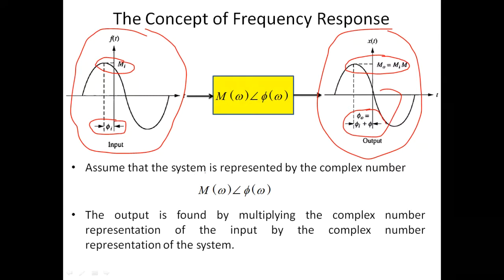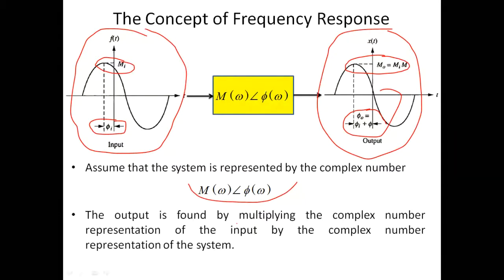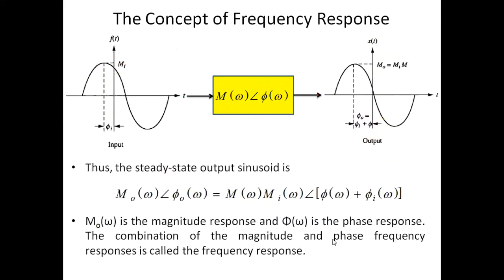So assume that the system is represented by the complex number M phi. The output is found by multiplying the complex number representation of the input by the complex number representation of the system. So the amplitude Mo equals M times Mi, and the phase angle phi O equals phi plus phi I.